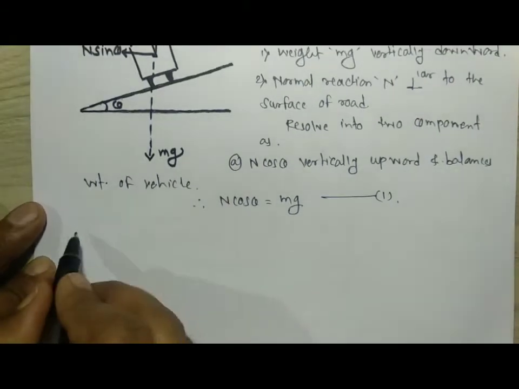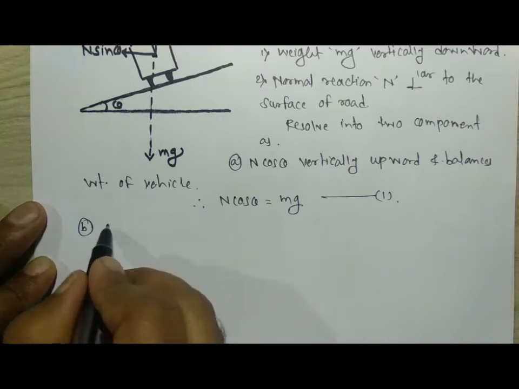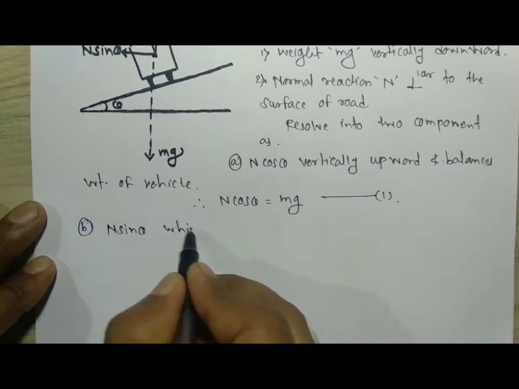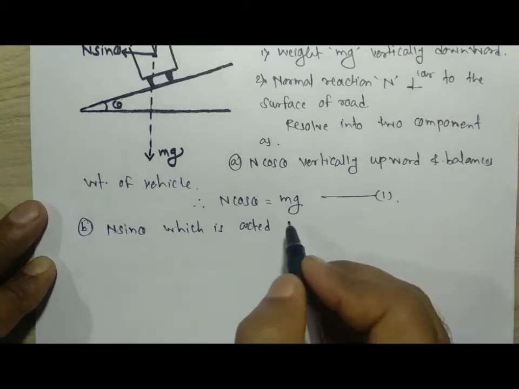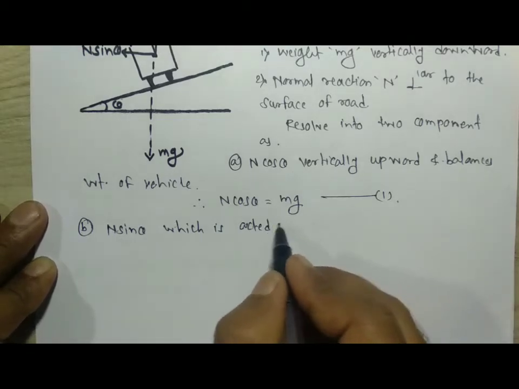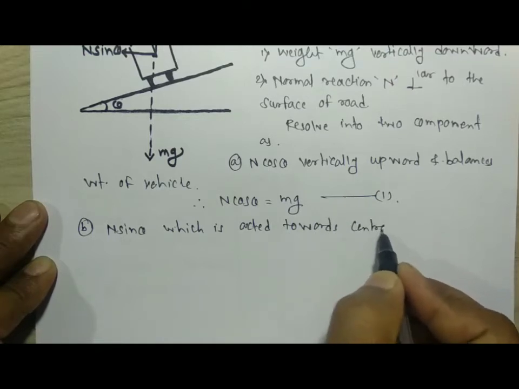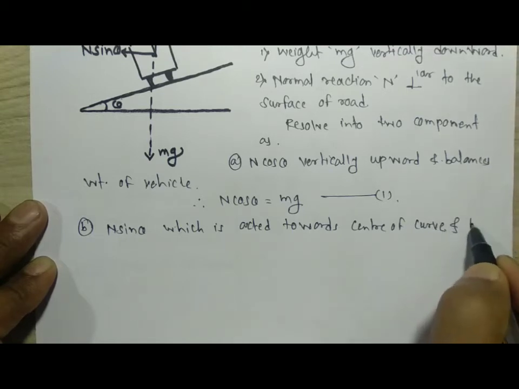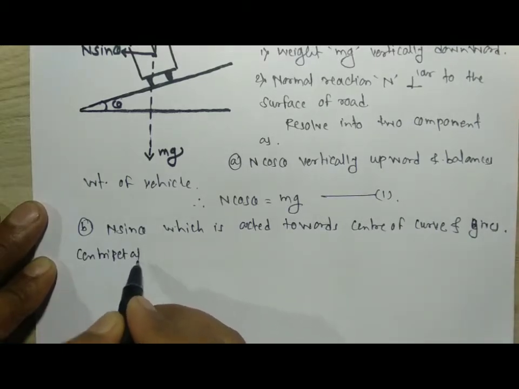The second resolved component of the normal reaction is N sin theta, which acts towards the center of the curve and gives the centripetal force.